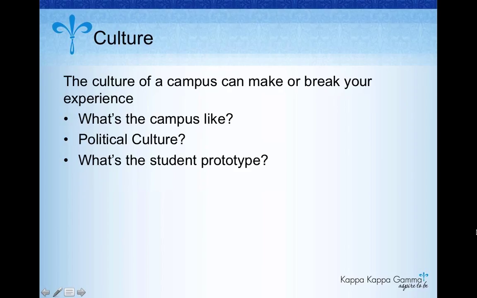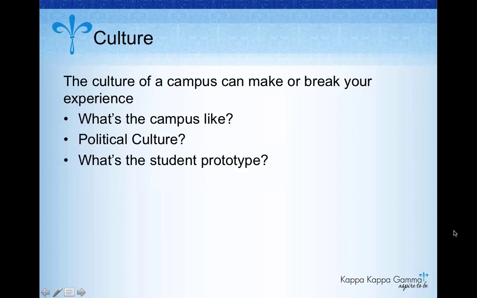Next, we're going to talk about the culture. So culture is a big decision to consider when choosing a school as well. So really identifying what the campus culture is like. What is it like being on that campus every single day? What are the students on that campus like? Is it a remote campus? And is it a campus that might be populated 95% by undergraduate students?